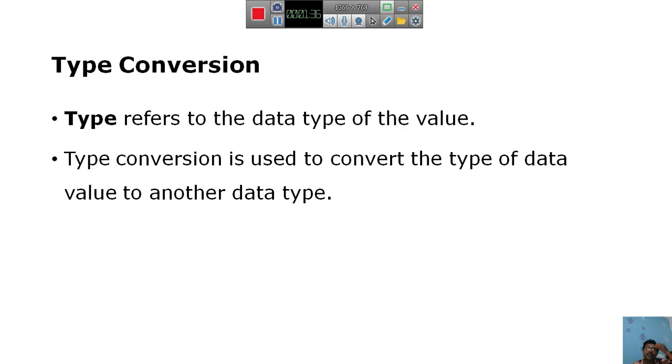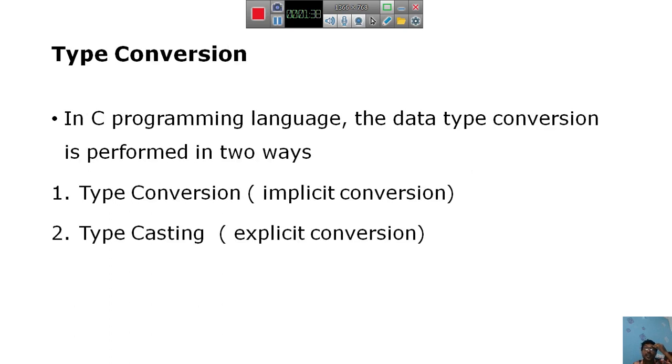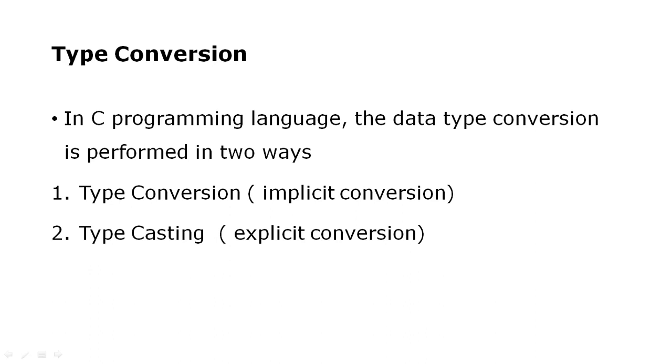Then type conversion. So what do you mean by type conversion? Type conversion means data type conversion. There are two types of type conversions: implicit conversion and explicit conversion.